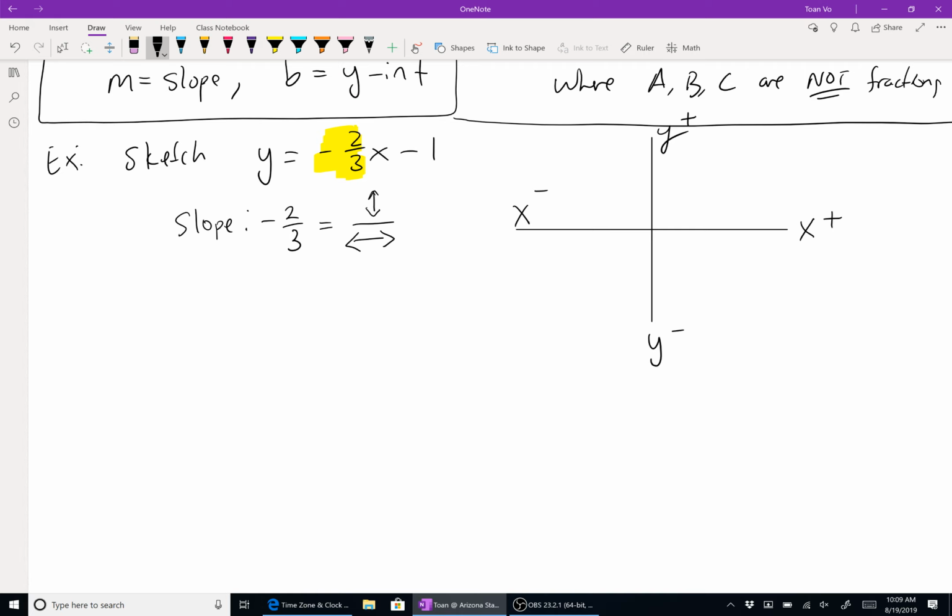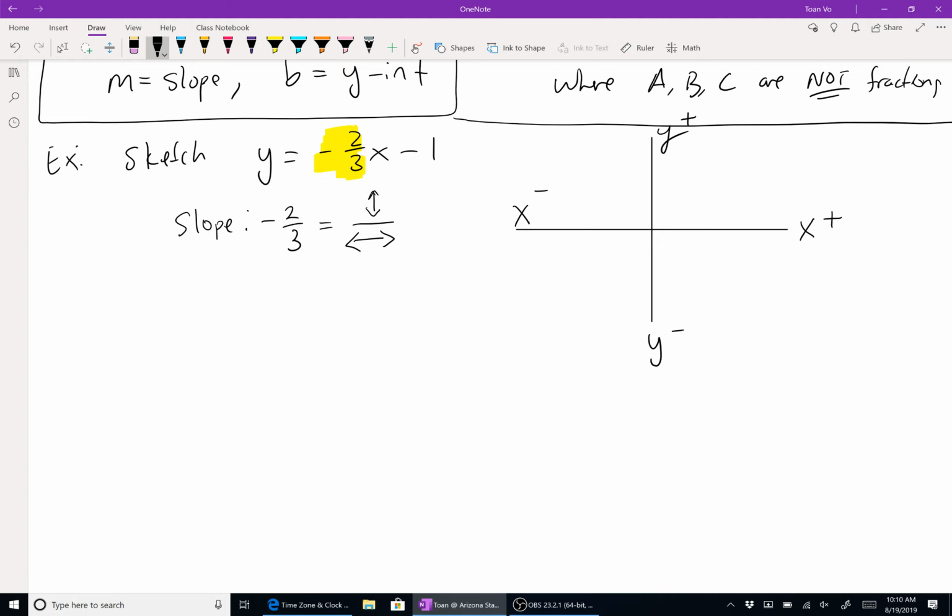Well, when your slope is negative, notice slope is a fraction. The only way you can get a negative fraction is if you're dividing different signs. That is to say, positive with the negative or negative with the positive. So my slope of negative 2/3 simply means your rise and run are going in opposite directions. And what do I mean by opposite? I mean one way will go positive and the other way will go negative.